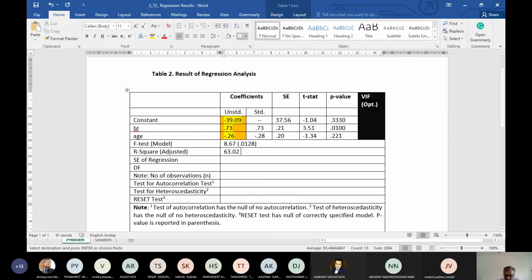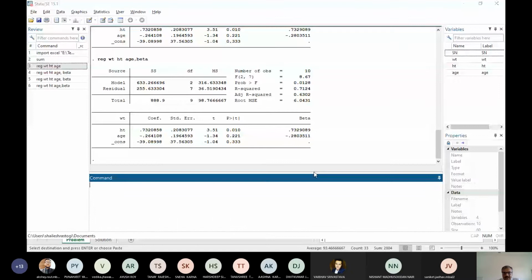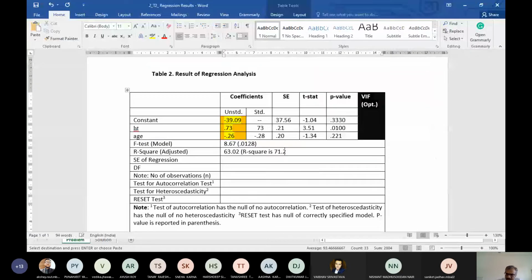Or if you want to be more perfect, then you can write down R square is 71.24, 71.24%. That's it. So this much portion is also done, we are reporting in the table as well. And we are also having discussions.